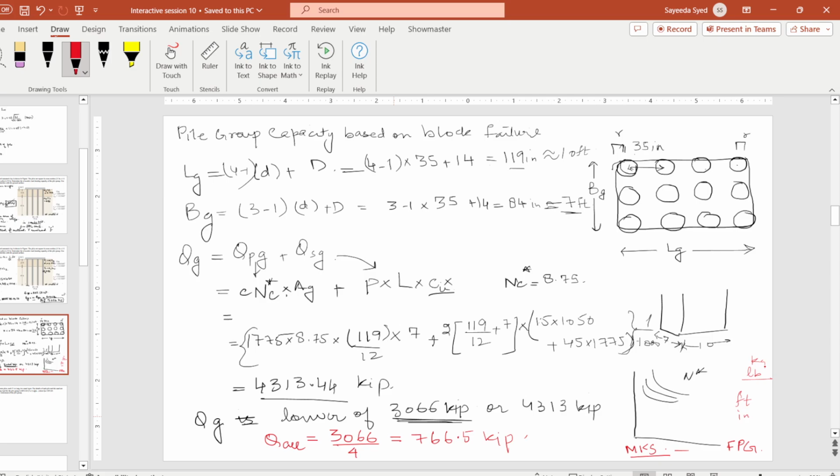Okay, so that was about pile capacity in a pile group. Now let us take this question about elastic settlement of pile group.